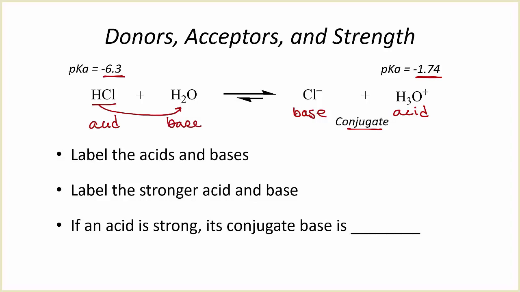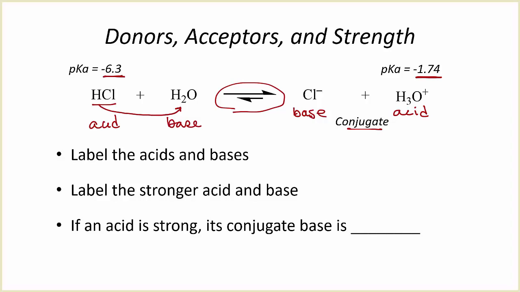If you think about a volleyball match and the hydrogen ion is the volleyball, the stronger team generally wins. And in equilibrium terms, the ball ends up on the side of the weaker acid more often than it does on the stronger acid.